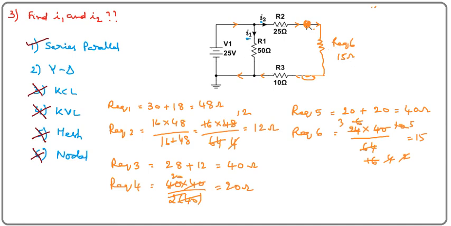I2 is flowing through R2, R equivalent 6 and R3. So we can replace them with one resistor. R equivalent 7 is equal to 10 plus 25 plus R equivalent 6, which is 15, which is equal to 50 ohm.